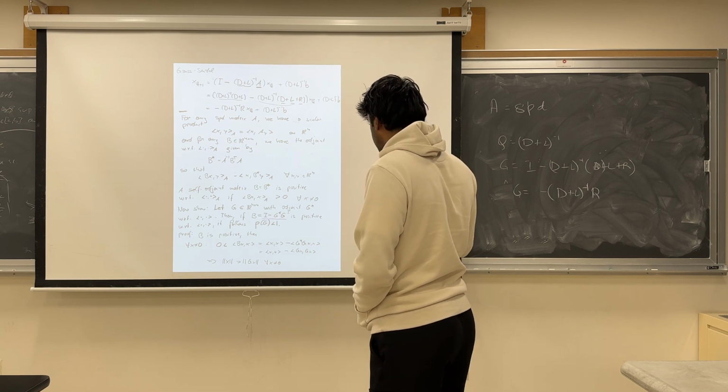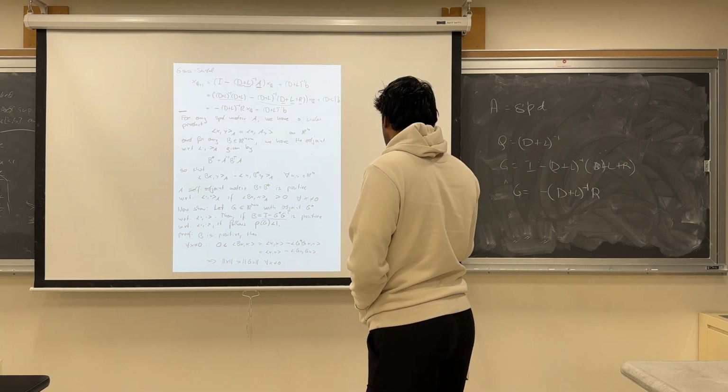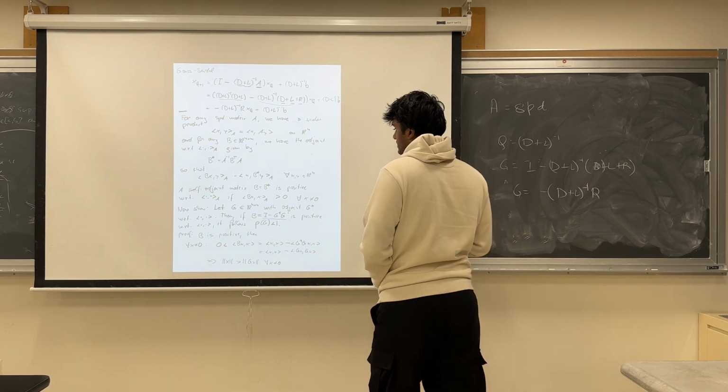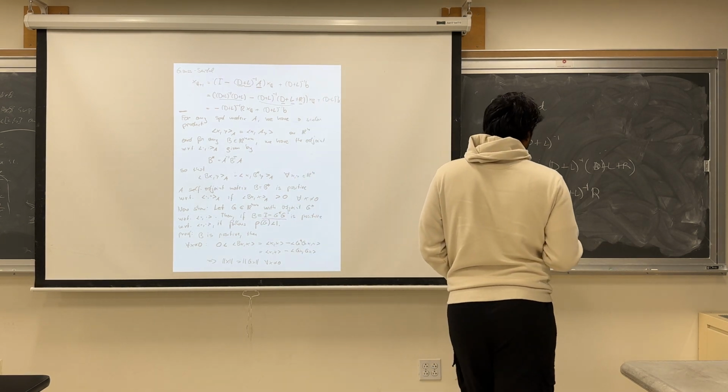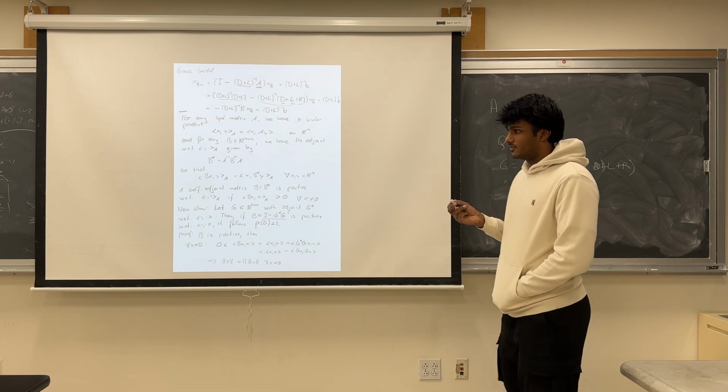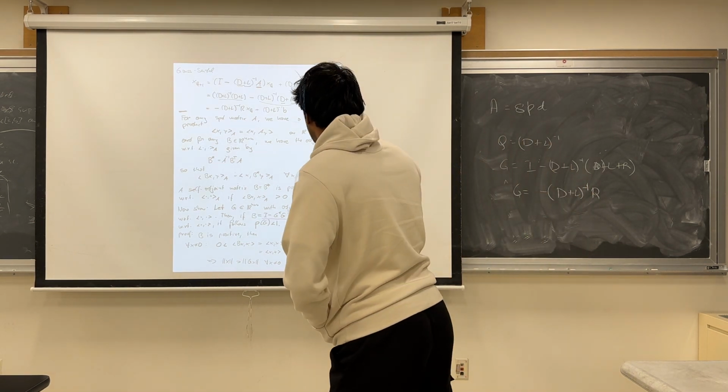Proof. I want to build some intuition about why this statement is true. If this statement is true, then all we have to do is just plug and chug and it will work. But this is something that one needs to have an intuition about, right? Why is this the case?